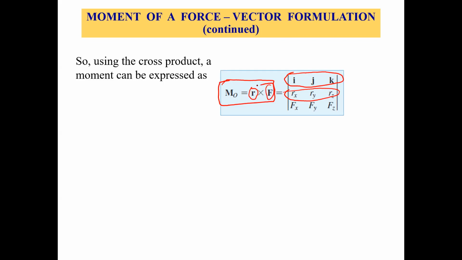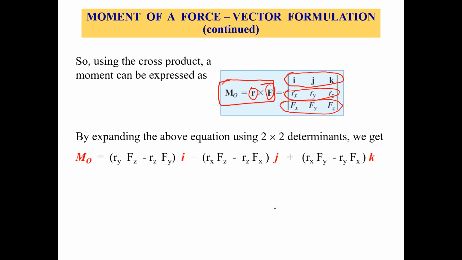Third row is the force vector Fx, Fy, Fz, the three components of the force vector. So that's how you are going to use this cross product to find the vector form of the moment.